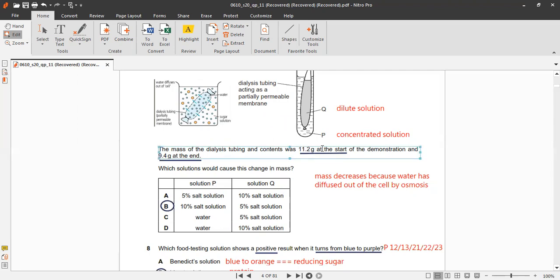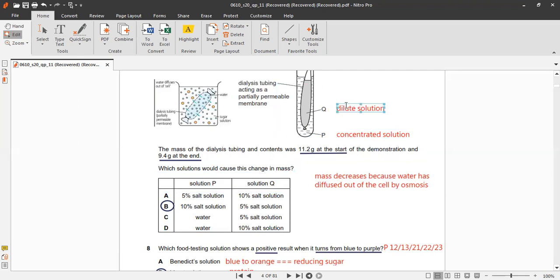Here the mass decreases. Why? Because water has diffused out of the cell by osmosis. So the correct answer is B, 10% salt solution, a concentrated solution, and Q, 5% salt solution.